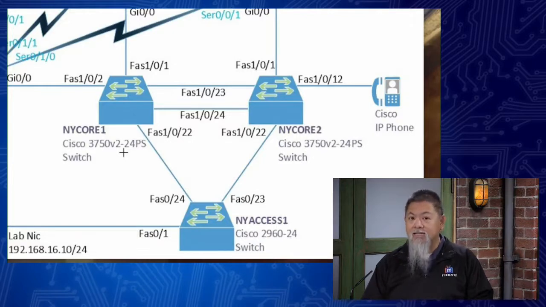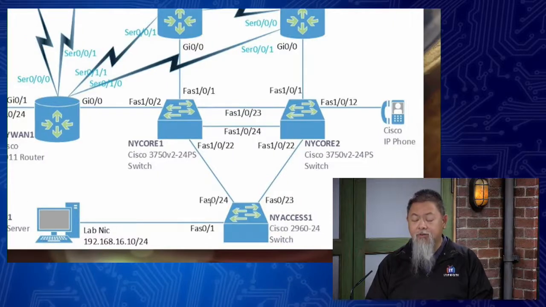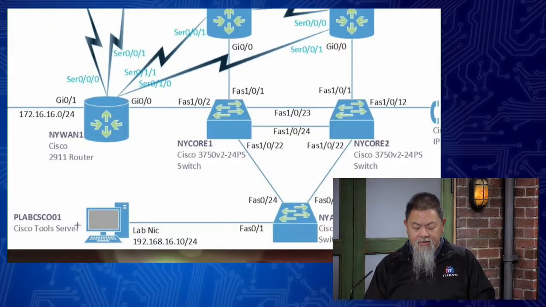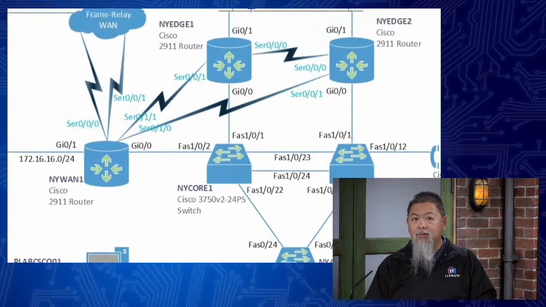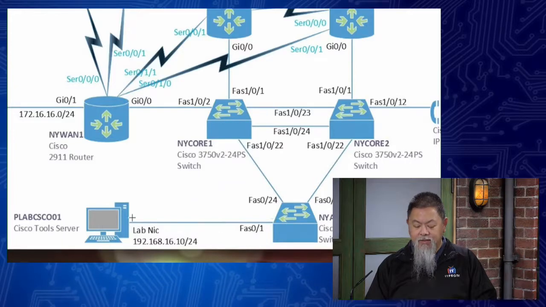So, Vaughn, for example, my PLAB Cisco 01 machine, this allows me to connect and route all the way through to outside of my network if I wanted to, okay? And it provides the connectivity between this machine here as well as the router that I have available to us. And that is all because they are cabled together to work in the way that they do.